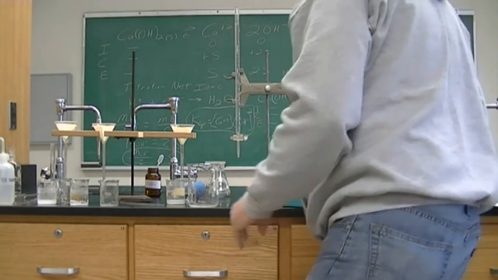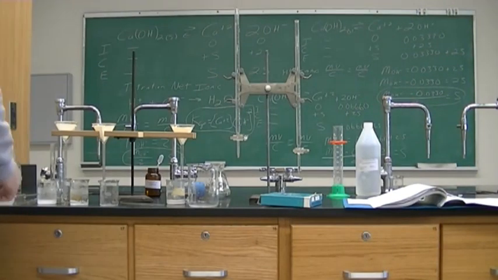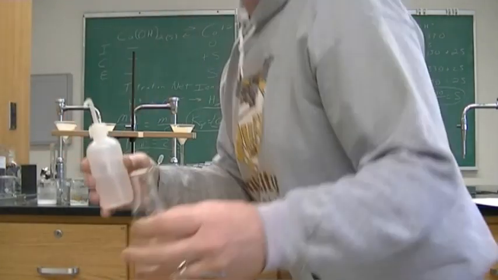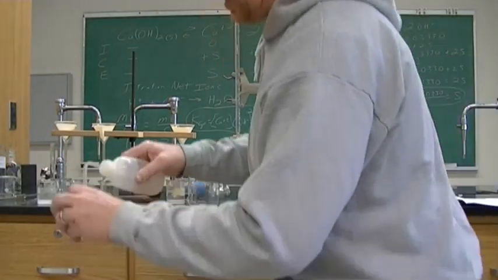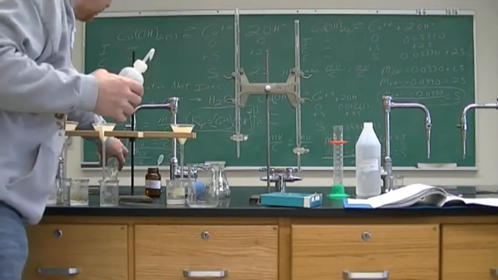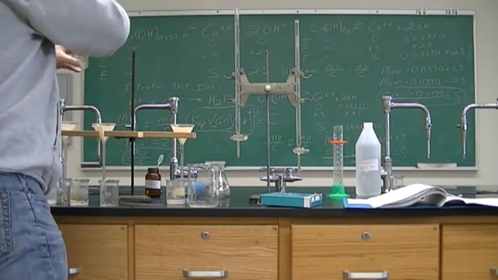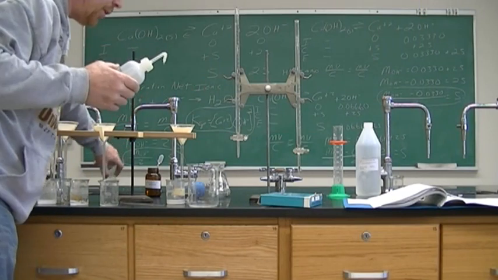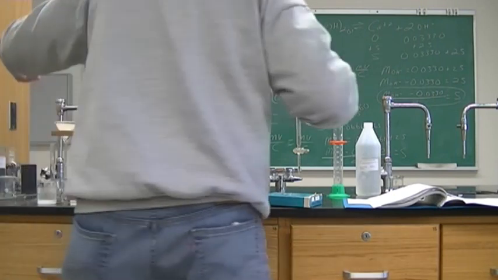All right, so now we're going to get our Erlenmeyer flask. And again, the Erlenmeyer flask can be wet with deionized water. Again, deionized water does not add any acid, does not add any base. It is neutral.